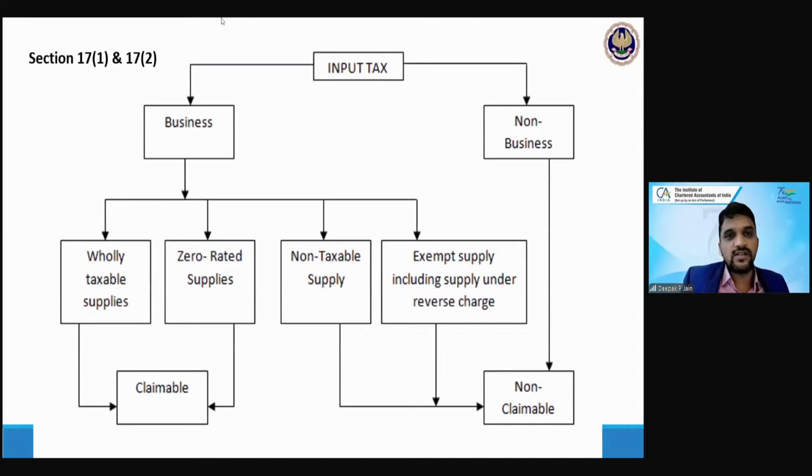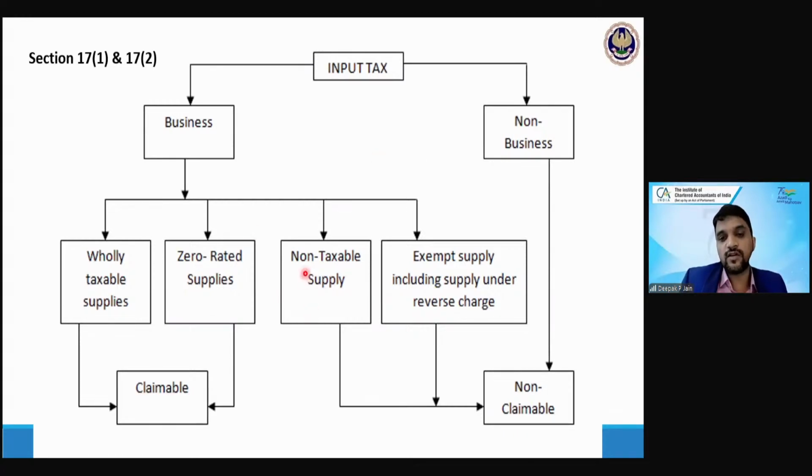Firstly, section 17 says that all your input tax credit which you are using for your business, if it is wholly claimable, if it is completely used for business, and if it is used for zero rated supplies also, both of this is claimable.